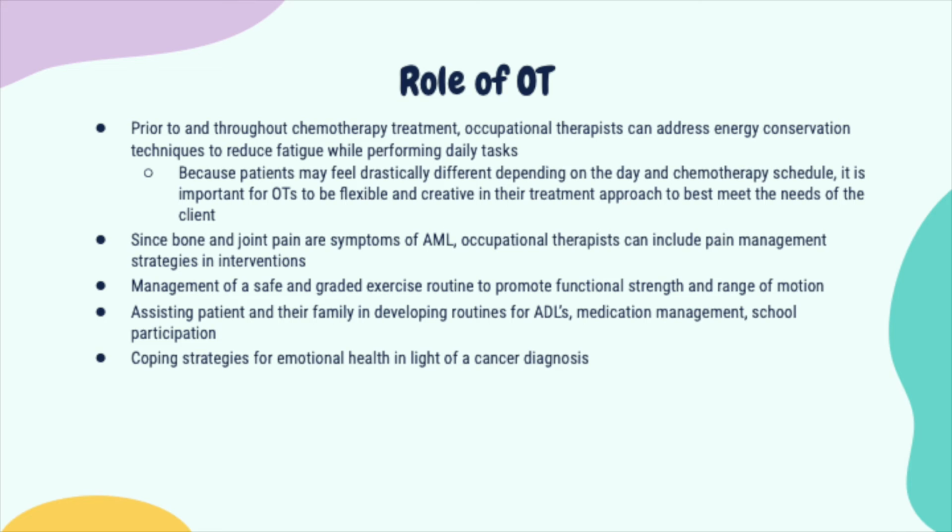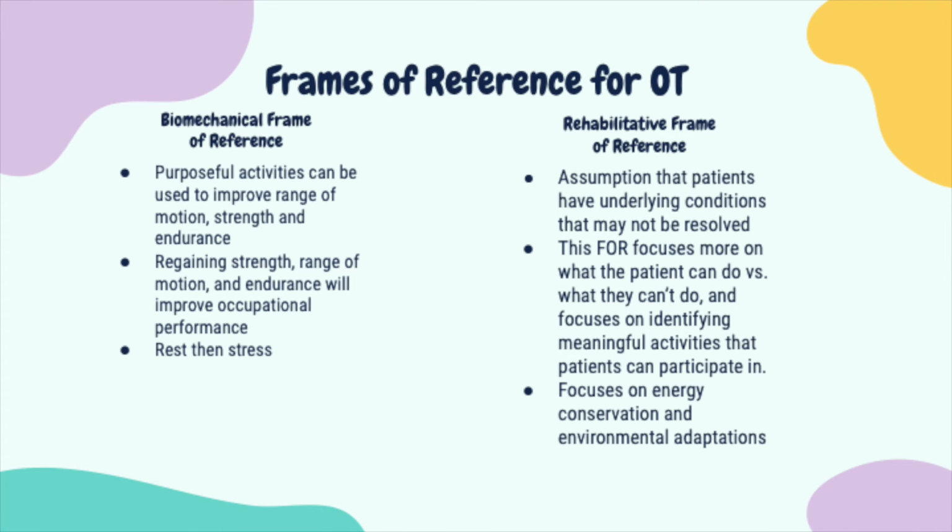An occupational therapist can also assist parents and the family in developing routines for personal hygiene and other ADLs. Lastly, OT can work on coping strategies for the emotional health of each patient in light of a cancer diagnosis.